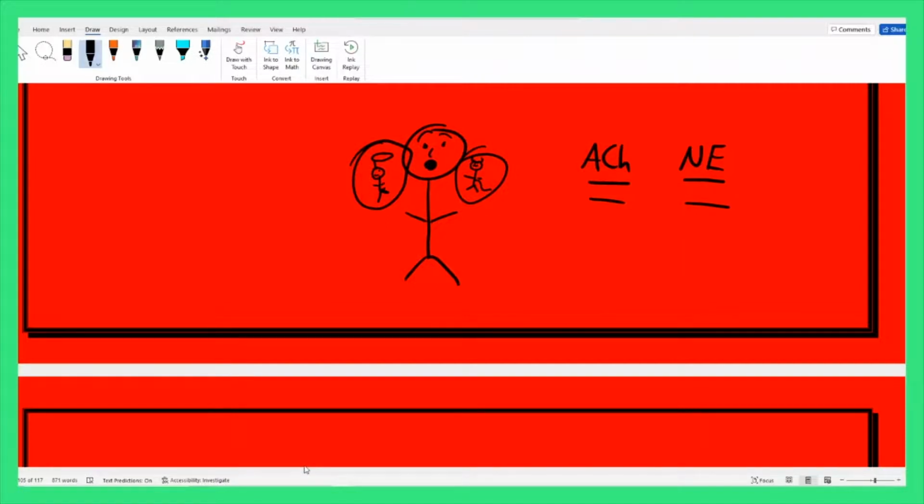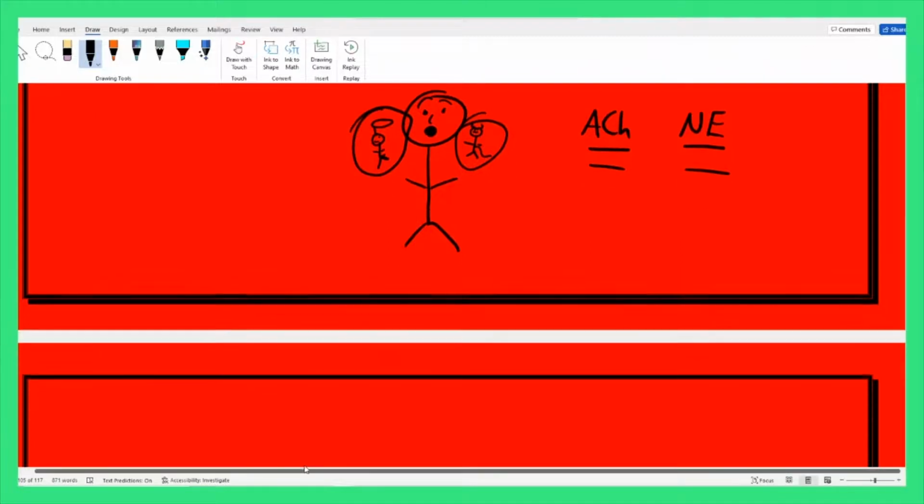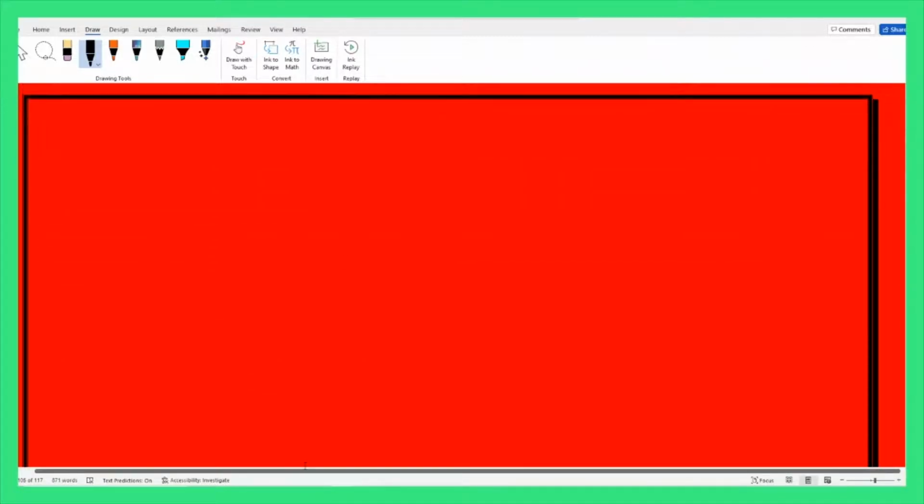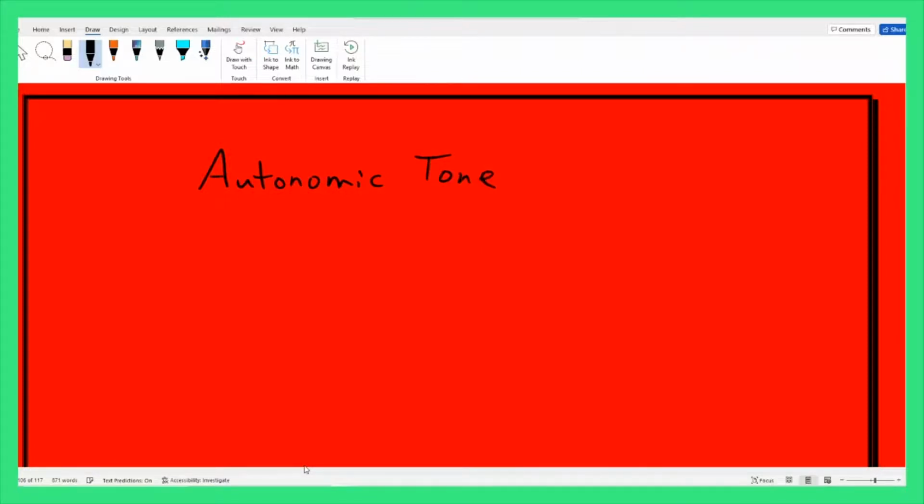Sets up for us what's called autonomic tone. Autonomic tone. Last definition for us. This is sort of the balance between sympathetic and parasympathetic control of all these targets.